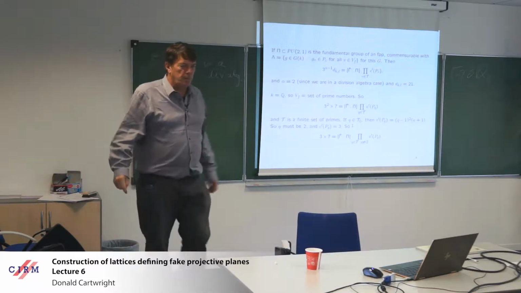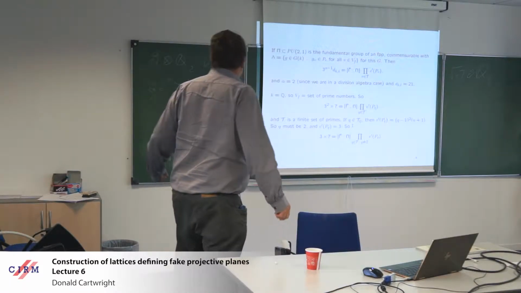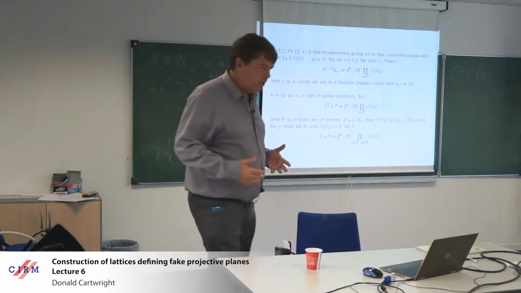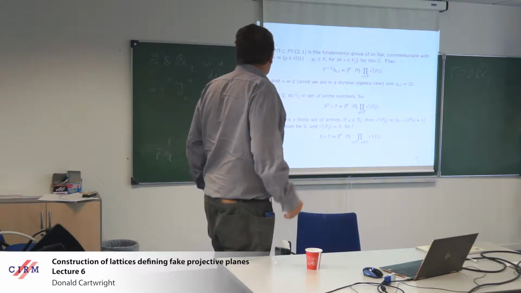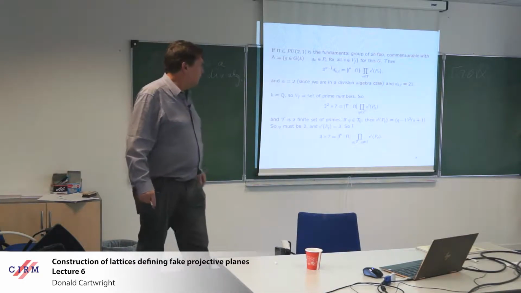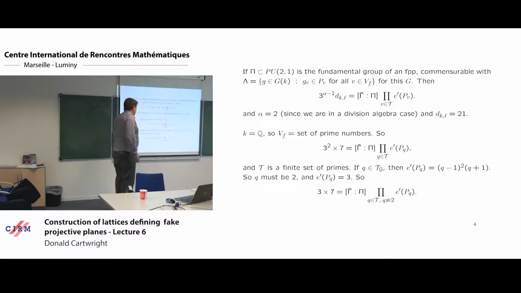So the fact that this division algebra behaves in this way tells you that 2 is in T_0, and the division algebra is chosen so that this set T_0 is precisely 2. Anyway, so one of these factors here comes from q equals 2. That factor works out as 3, and so you cancel one of the 3's and you're left with this equation.